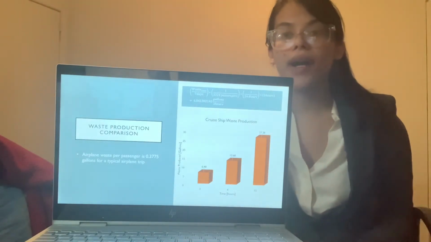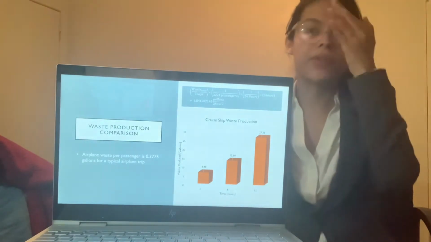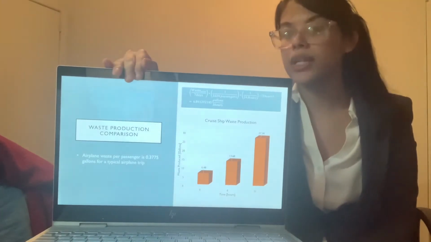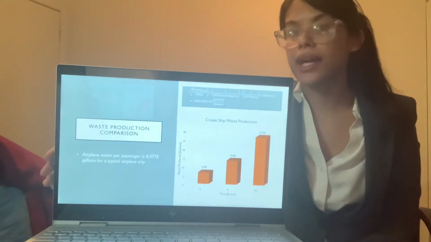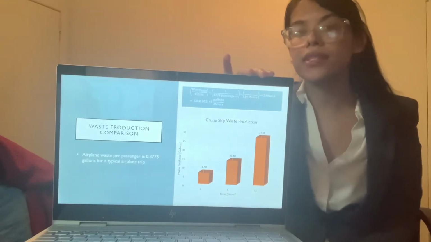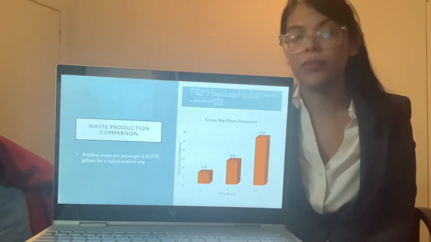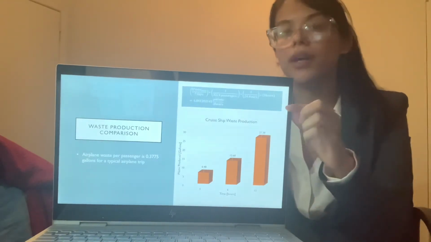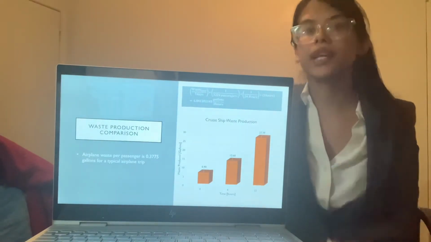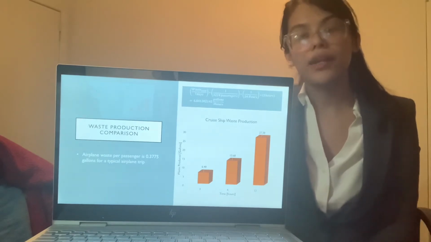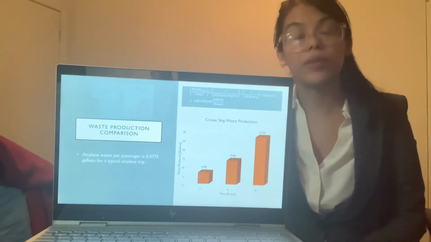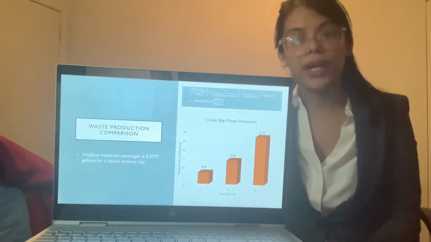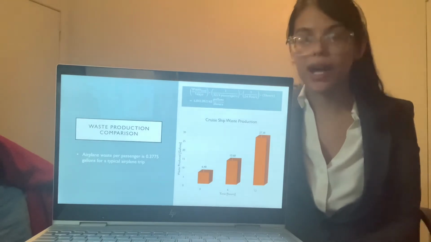Here I have the comparison. On this side, I added again the number for airlines, and on this side, I have the number of waste produced on cruise ships, and I have the formula up here that I used to calculate these numbers. The number for airlines was given directly, but the cruise ship numbers I had to calculate.